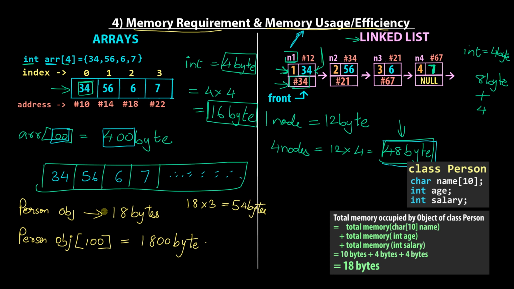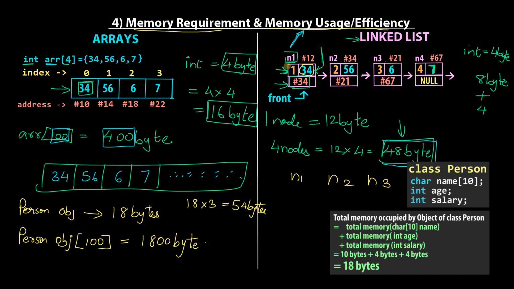Now take the same scenario on the linked list side. You create 3 nodes, n1, n2 and n3 of person type. So n1 is not going to store an integer, it is going to store a person object.